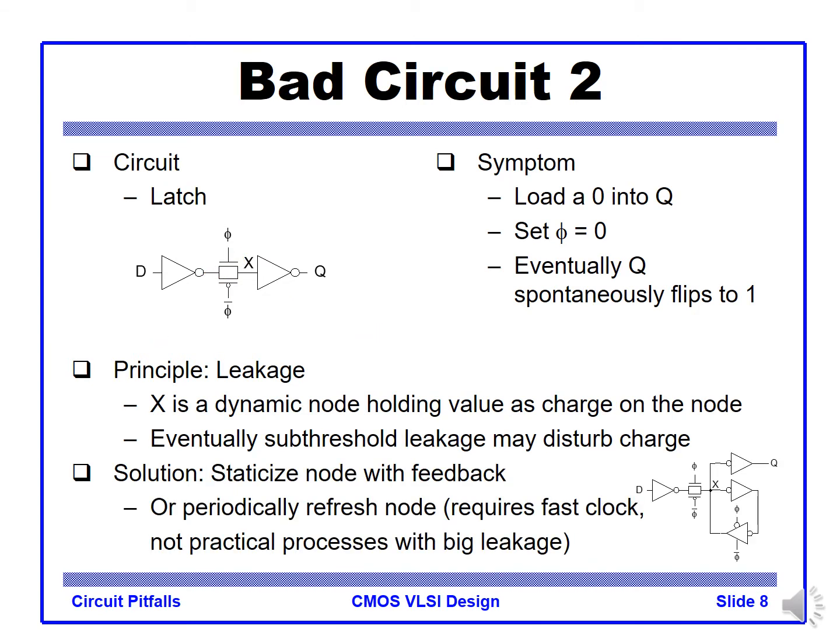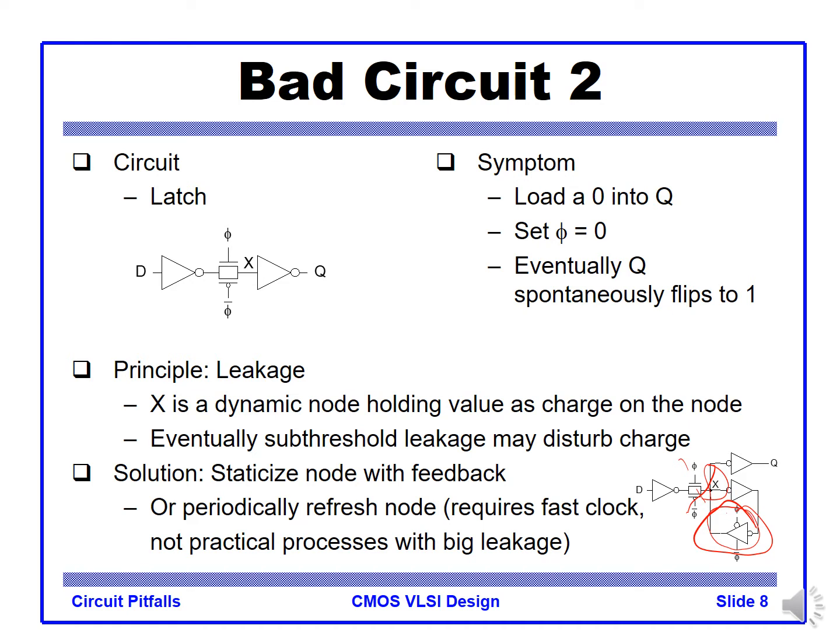How do we solve this issue? We stabilize X by making a stable circuit, a static node, by having feedback like this. Whenever the transmission gate is off, the X node is held by this feedback inverter.